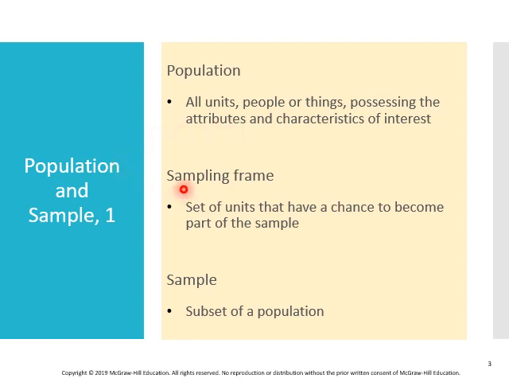What is a sampling frame, our next concept? Sampling frame refers to the available population that we can tap into. You'll see that a sampling frame will be a smaller set of the population, because it refers to the individuals or things that we are able to tap into or that are available to us. Back to my original example about college students: if college students are the population, the sampling frame will be UHD college students.